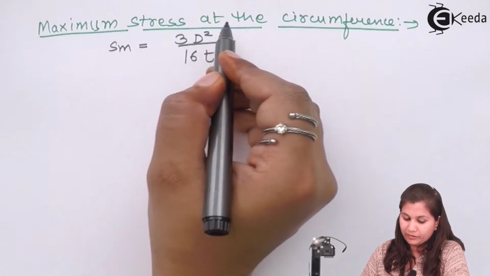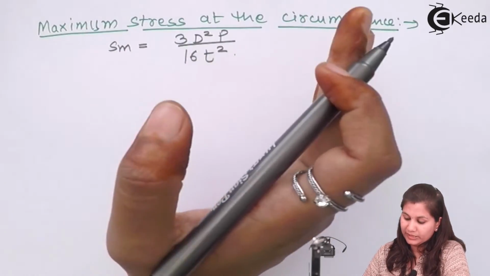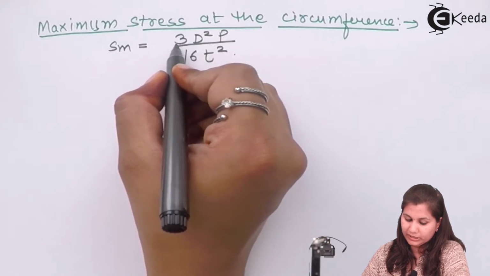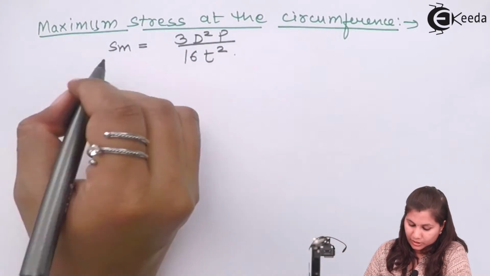Now the maximum stress at the circumference is given, when the 1 minus v square value is neglected, by 3 d square p upon 16 t square.